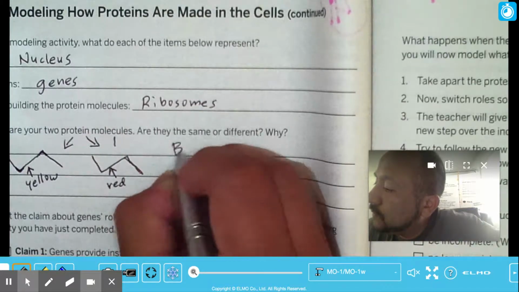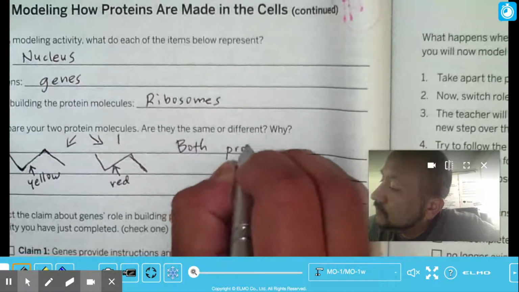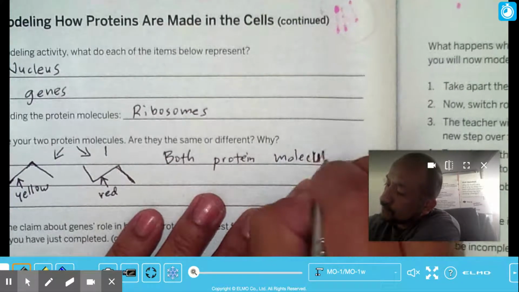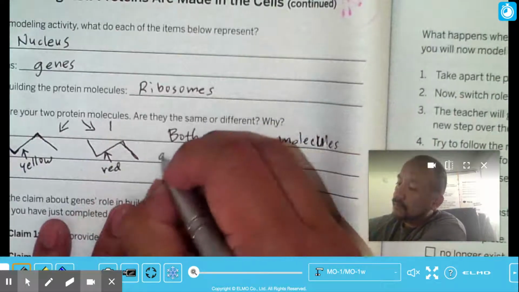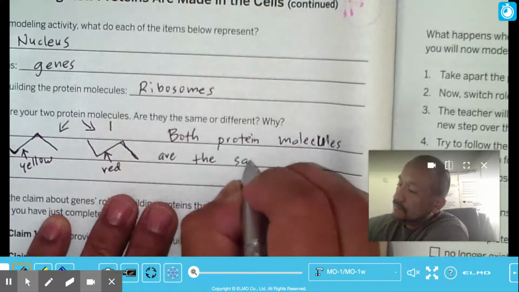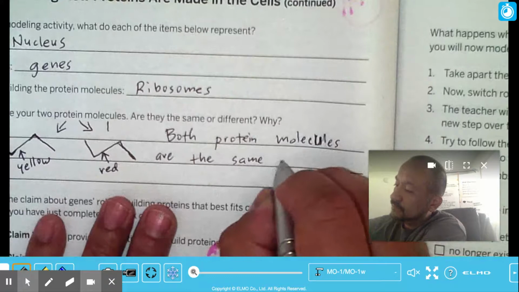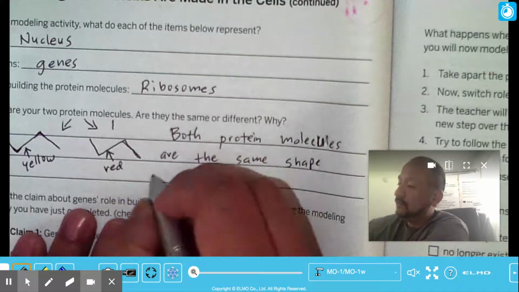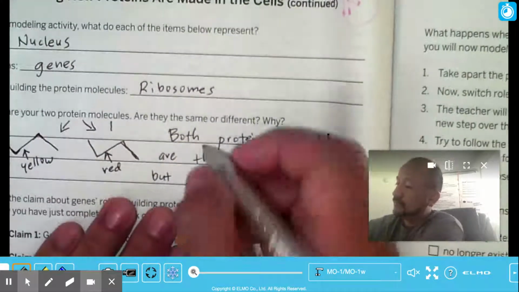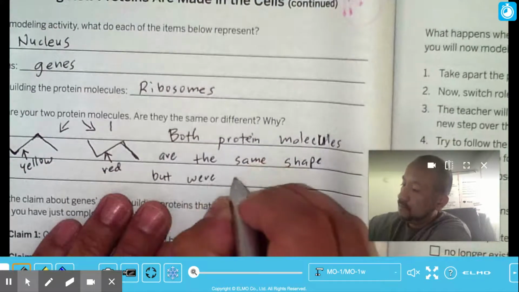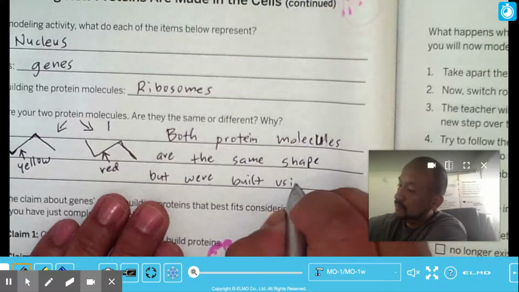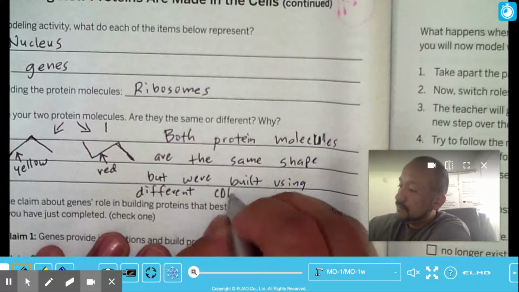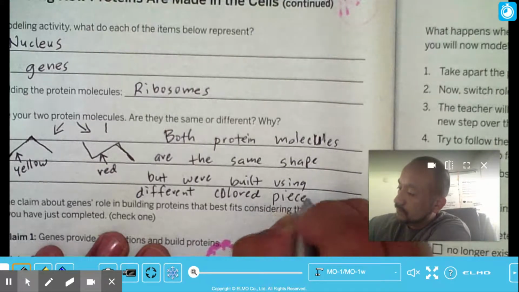So you can write both protein molecules are the same shape, but were built using different colored pieces.